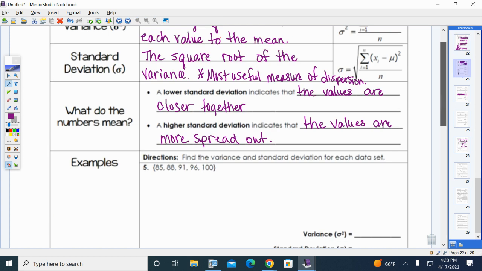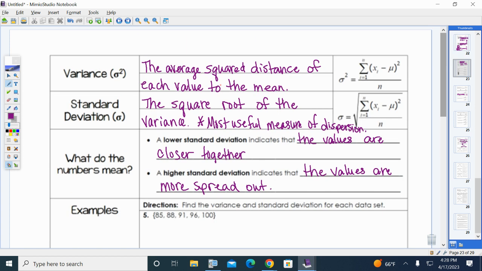All right, moving on to the next section, we have 2 more measures of variation, and one is called the variance and one is called the standard deviation. The variance is the average squared distance of each value to the mean. So that's a very similar definition to MAD.